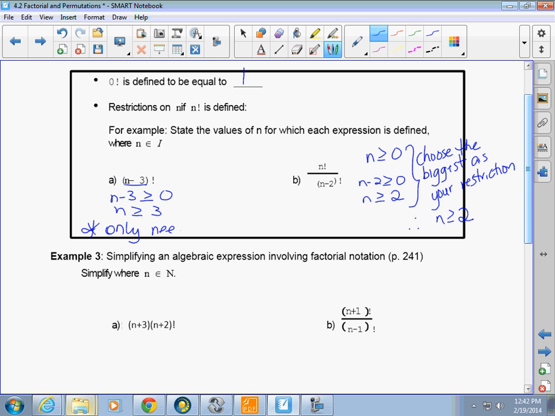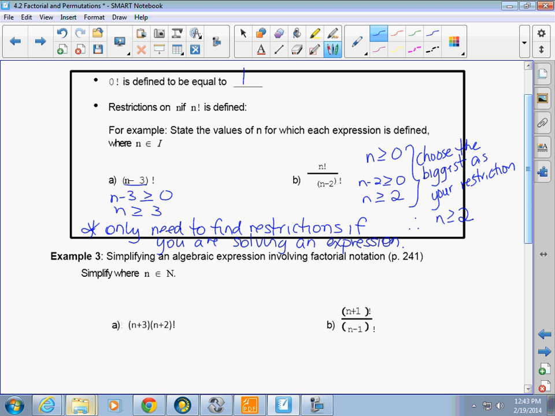You only need to find restrictions if you are solving an expression. Okay, so if you're solving for n or whatever the variable is, you need to find the restriction. If you're simplifying, then you don't need to.